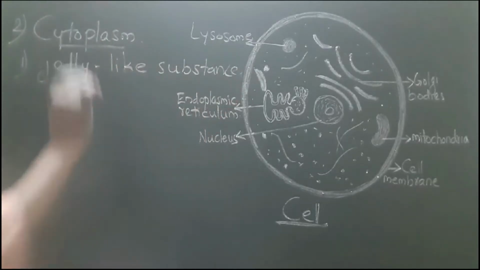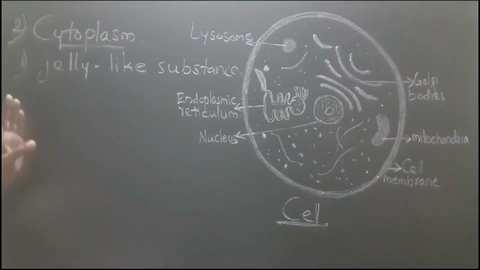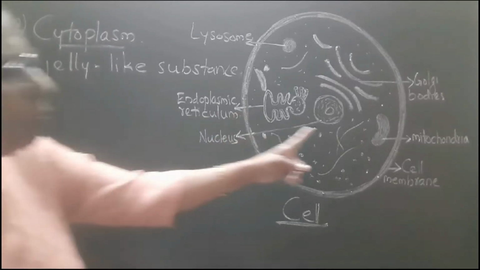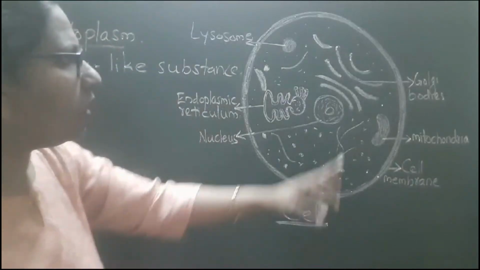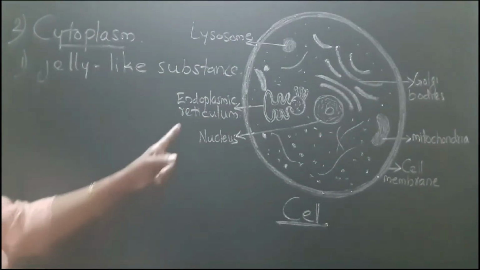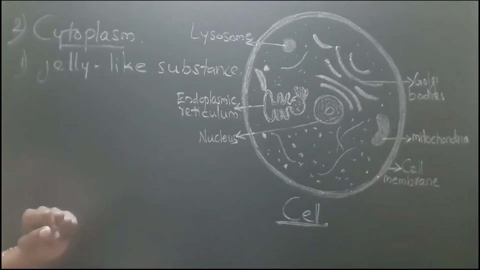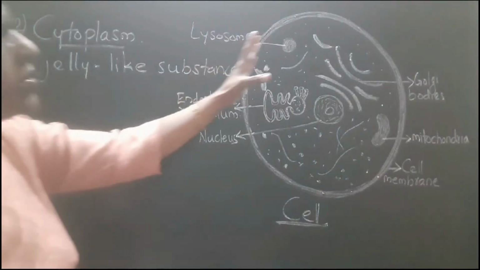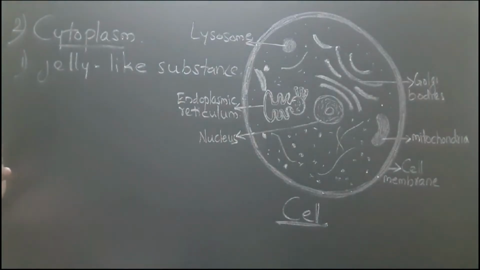Cytoplasm consists of mitochondria, Golgi body, lysosome, endoplasmic reticulum. All this is contained in the cytoplasm.